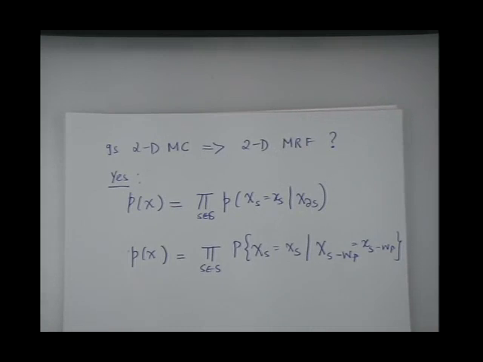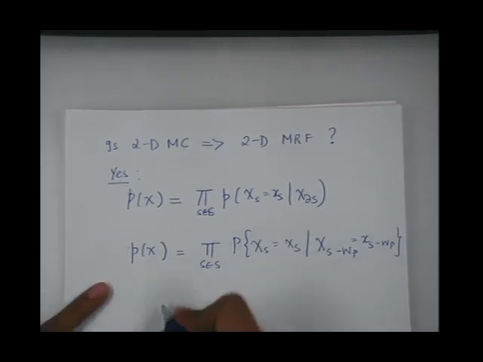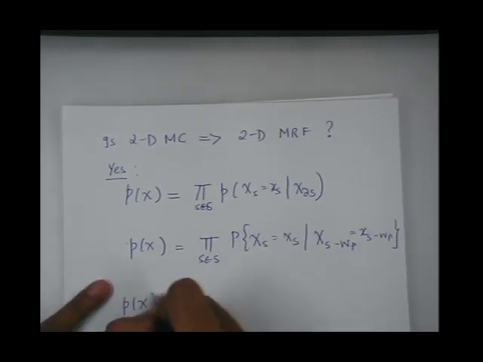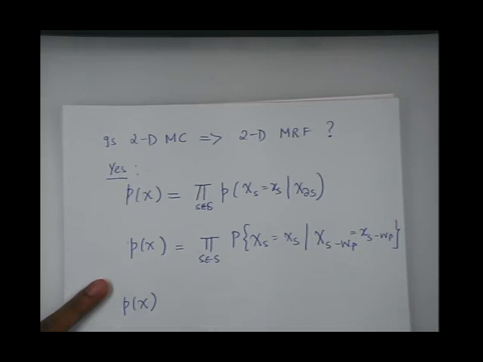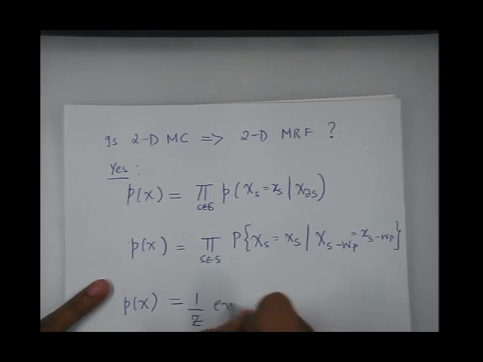Alright, so we write that, and the next trick we do, remember we're trying to check if it's equal to an MRF, right? So we write this out, and this is of course the same as writing the sum of the logs.